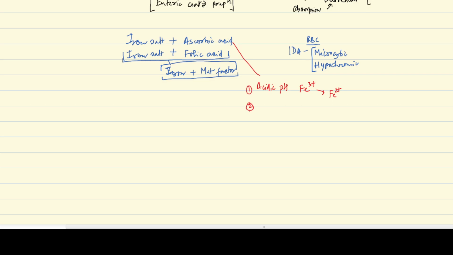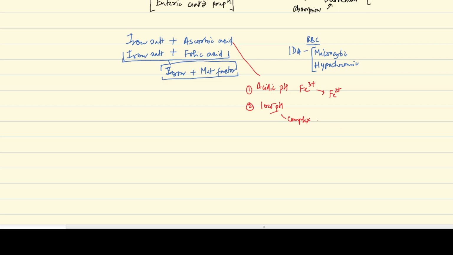The reason number two is that at low pH, ascorbic acid has a low pH, and you're combining it with the iron salt. So what happens is it forms a complex. So there is an iron salt ascorbic acid complex.